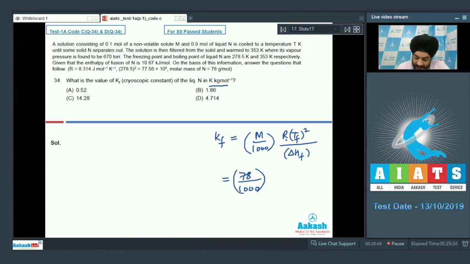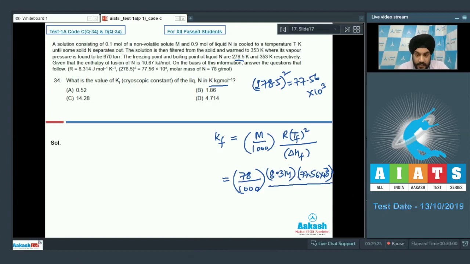The value of R we have to put in the SI unit, students. R is 8.314. The TF square, TF is 278.5 whole square, which is given to us. It is 77.56 into 10 to the power 3. So this has to be divided by delta H fusion.